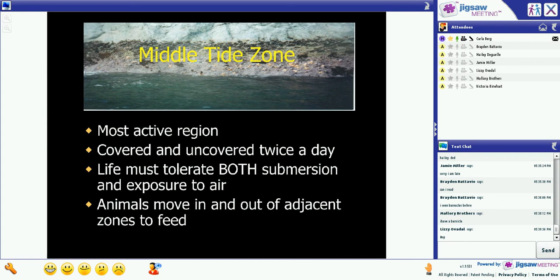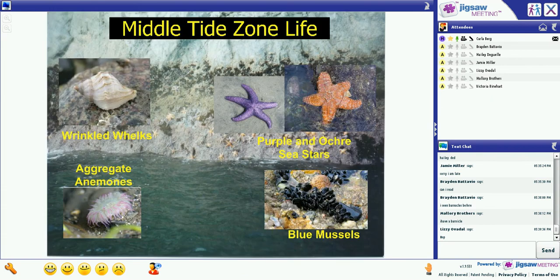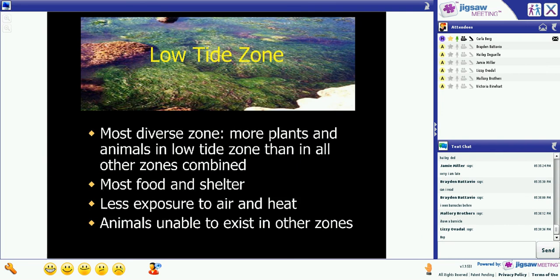And the animals move in and out of this zone and the adjacent zones to eat. Some middle tidal zone life: we have a whelk, an anemone, sea stars, and mussels. Lots of these organisms will overlap the organisms in the high tide zone and the low tide zone.